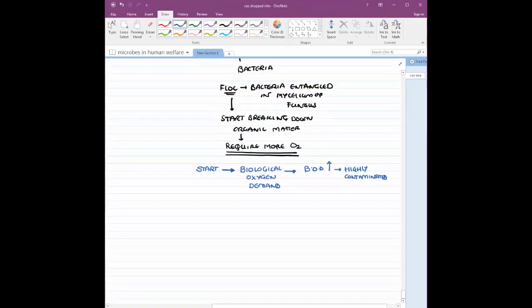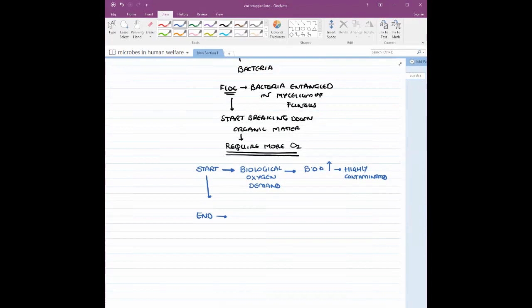But now, as the process takes place, towards the end, these flocks break down your organic matter. After that organic matter has broken down, are you still going to have excessive oxygen demand? No, the demand for oxygen is going to decrease because there is less material to be decomposed.